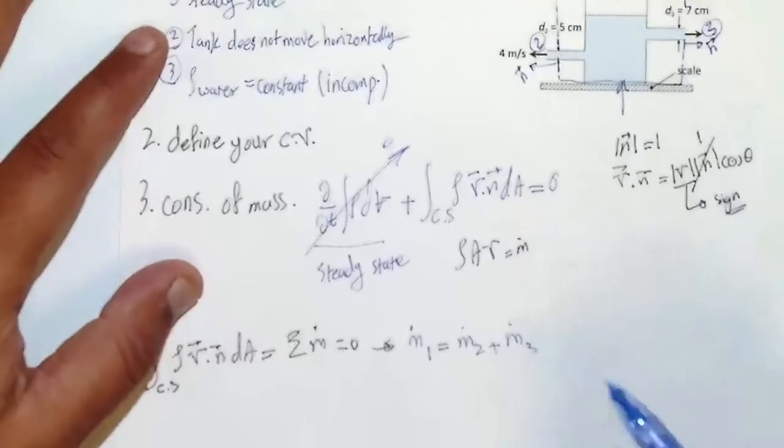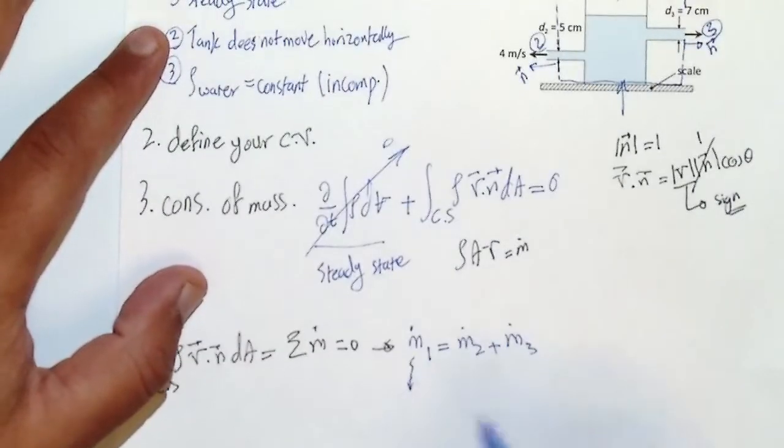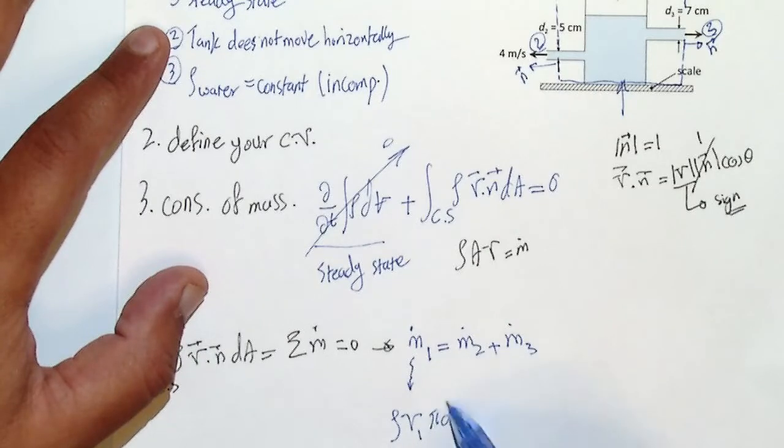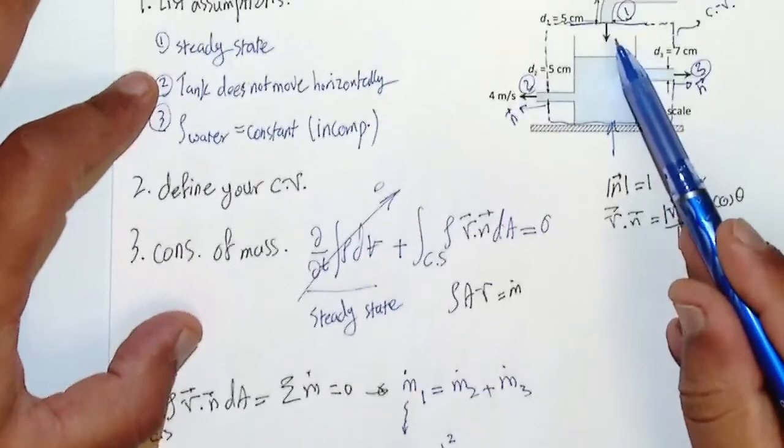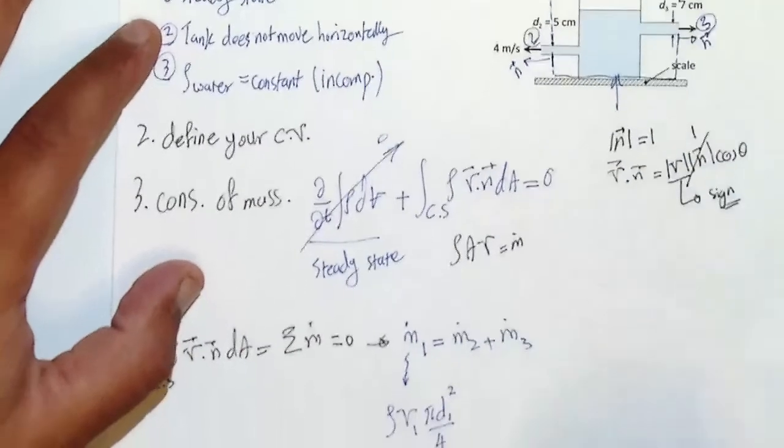Okay? So if you replace this, what will we have? We have rho V1 times pi d1 squared over 4, which is the area of part 1, right? It's a circular shape.